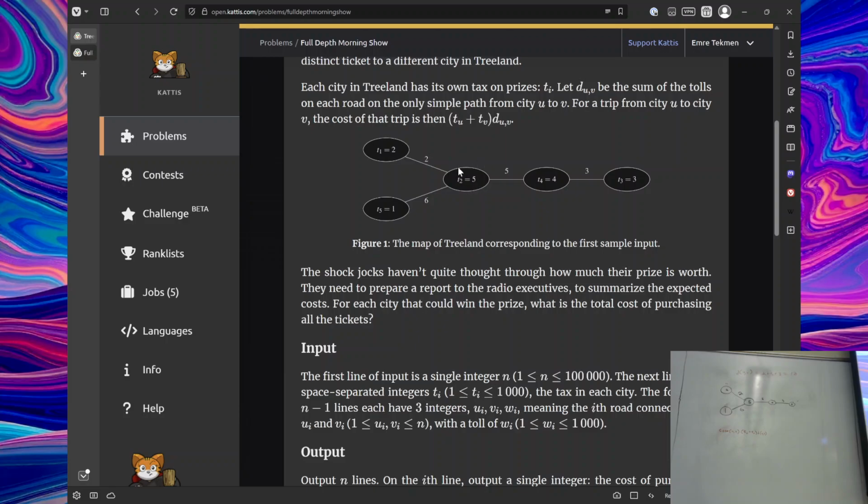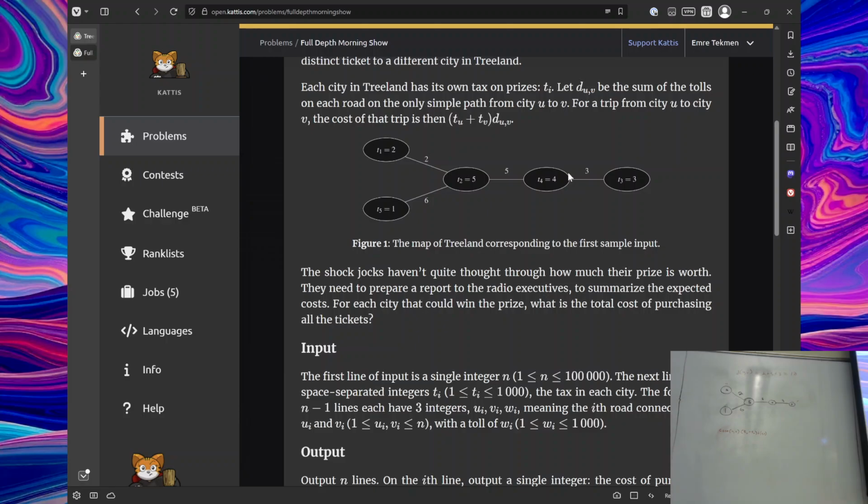So for each city, you're going to get a trip to every other city, because there are n minus 1 other cities. So what we're basically asking is, I need to find the total cost from this node to every other node, for every node.